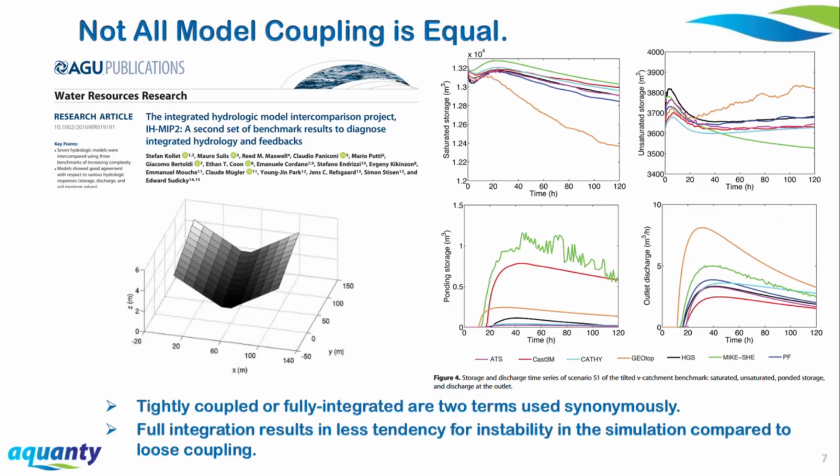In the previous slide, I introduced loosely coupled and fully integrated models. We also often use the term tightly coupled in place of fully integrated. What I wanted to point out in this slide is that if anyone's interested in additional information on the implications of fully and loosely coupled models, you could check out this 2017 benchmarking paper.